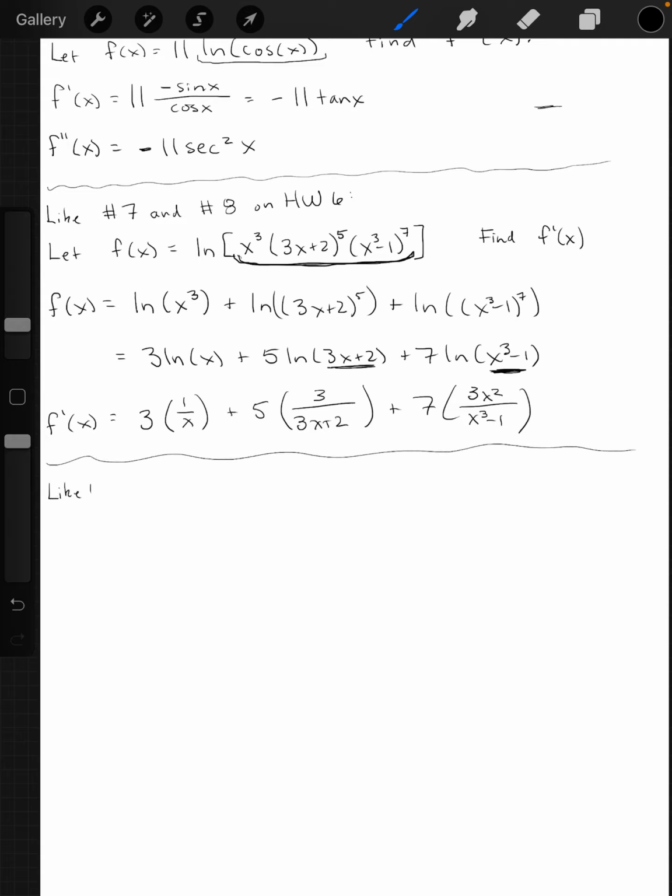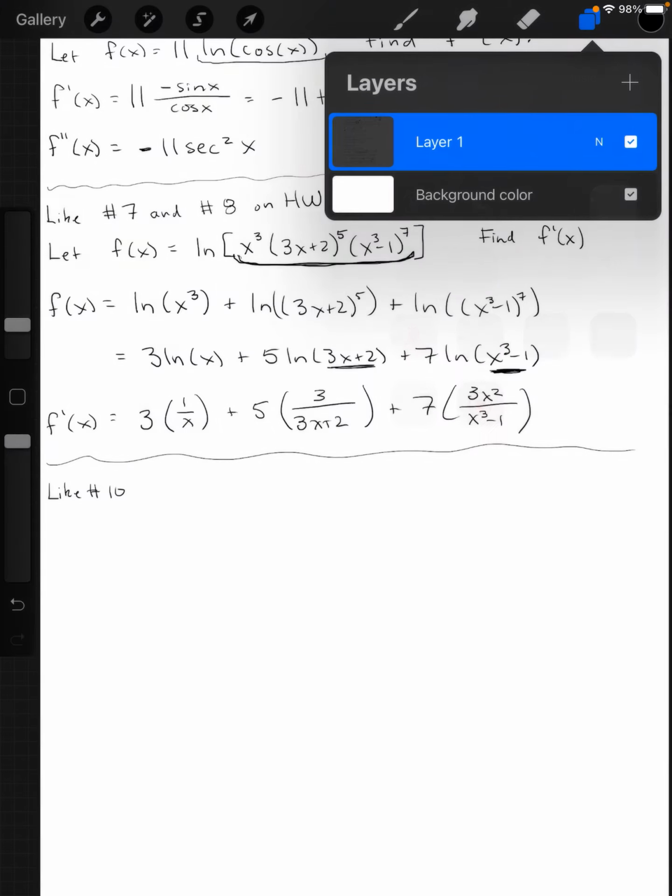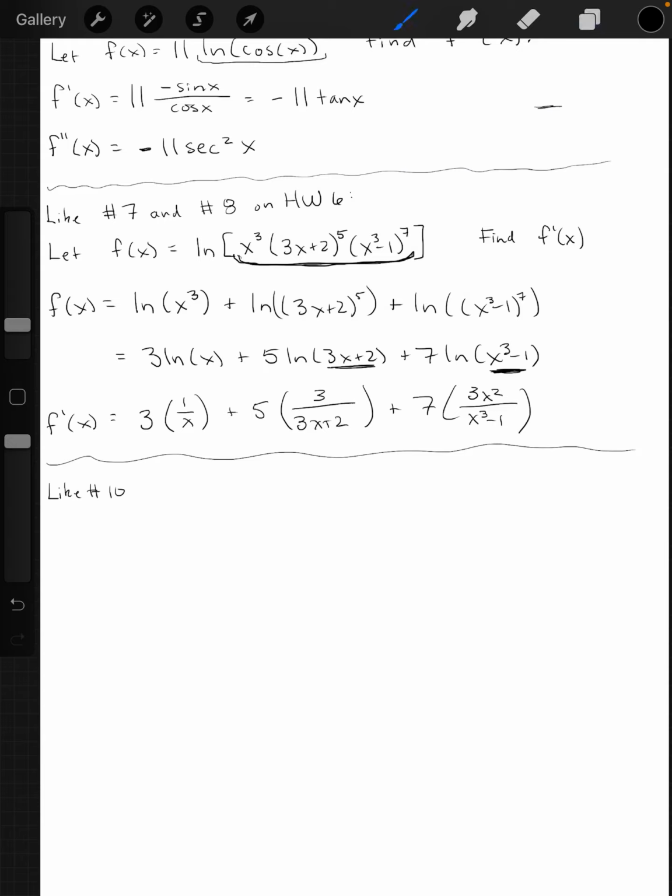So the next one, check real quick. Okay, good. Like number 10, I'm not going to write out the whole word problem. I'm going to highlight the phrases that are important.